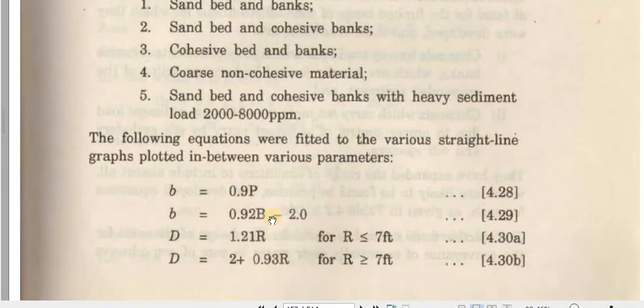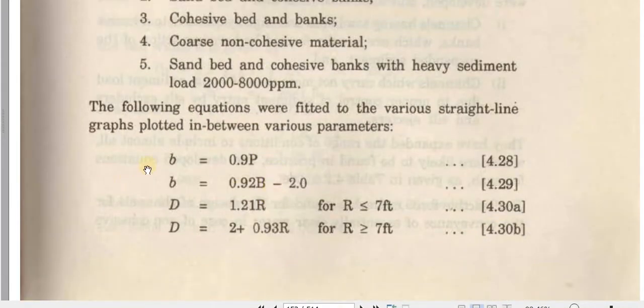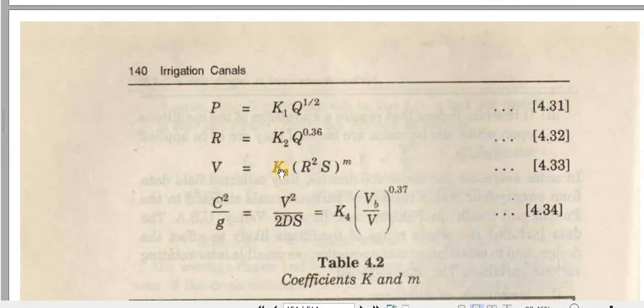And they introduced equations with respect to R, the hydraulic radius, and there is a relation of P with respect to wetted perimeter, B with respect to capital B, and D with respect to R, for the conditions of R less than or equal to 7 feet and greater than 7 feet.